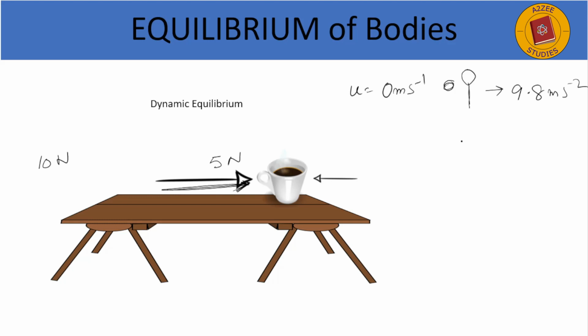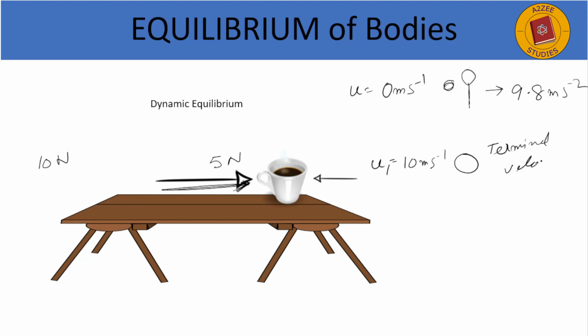Now, after some time, for example, we assume the body assumes a velocity of 10 meter per second. That is the acceleration phase, but after some time this velocity becomes constant. The velocity won't increase. It attains a terminal velocity.